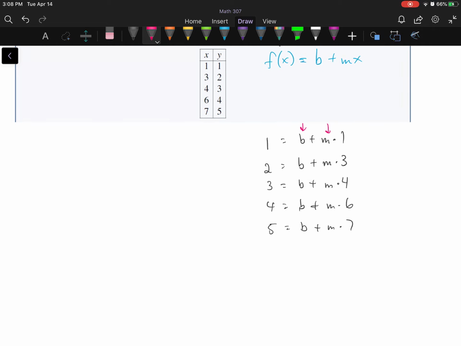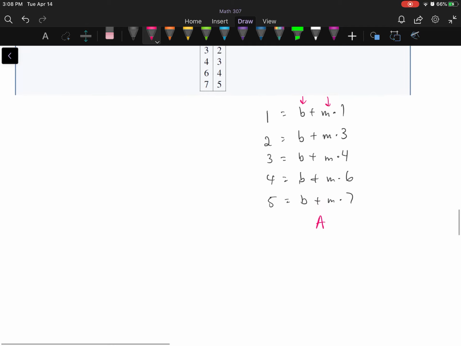Let's make this matrix. I'm going to call it A, just so that we're clear on that. The matrix A here would look like a bunch of 1s initially. Those are all of our B's, the coefficient on B. And then the second column would be 1, 3, 4, 6, 7.